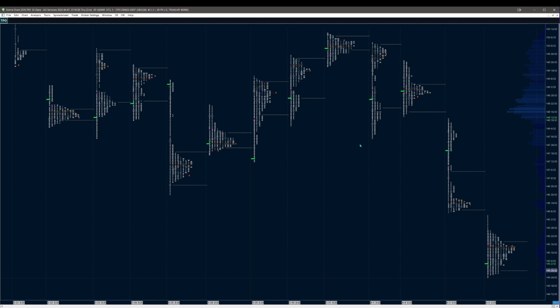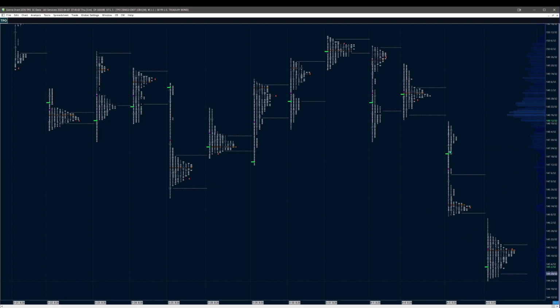Note that when viewing the market profile, we look for a few main points. We use the open, shown in my chart as this green dashed line. Our close is this red triangle.